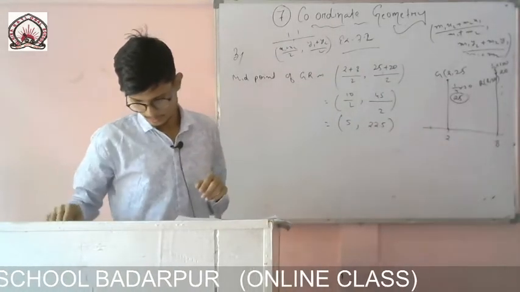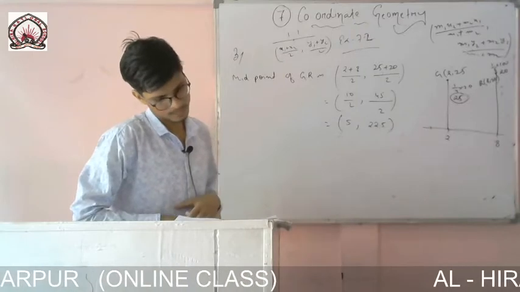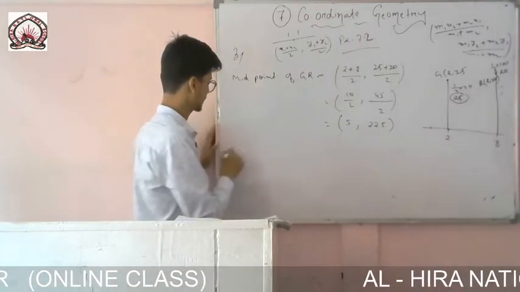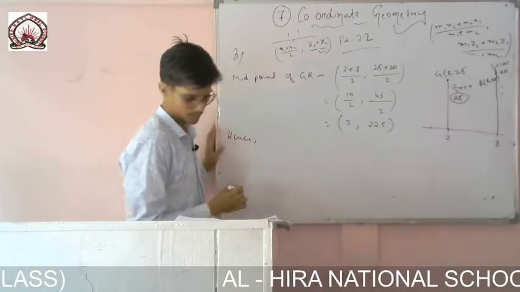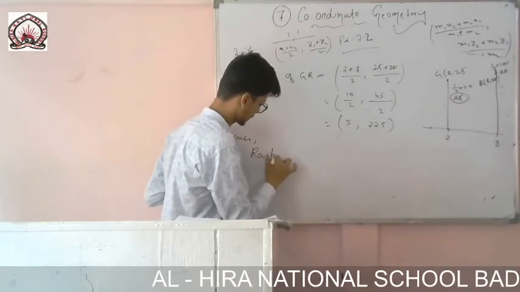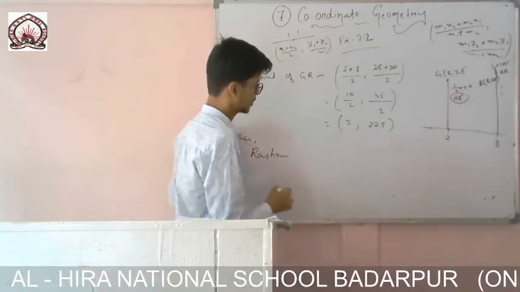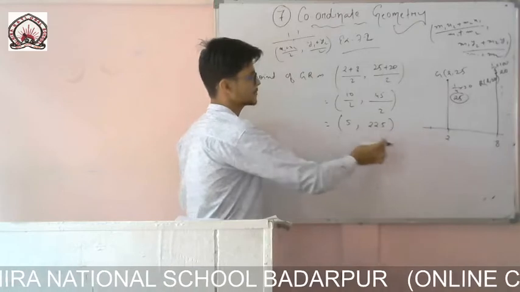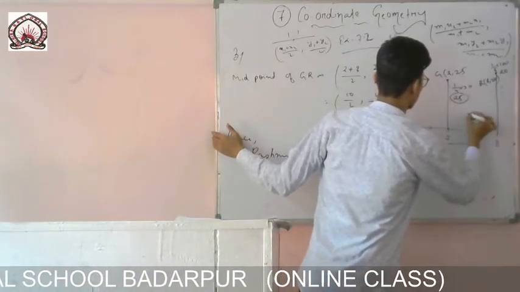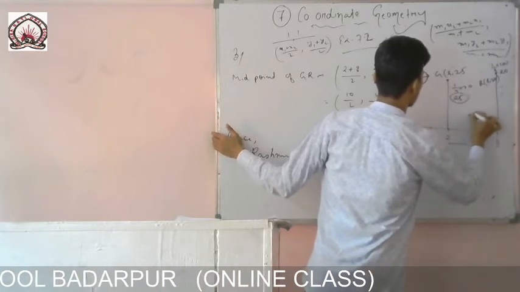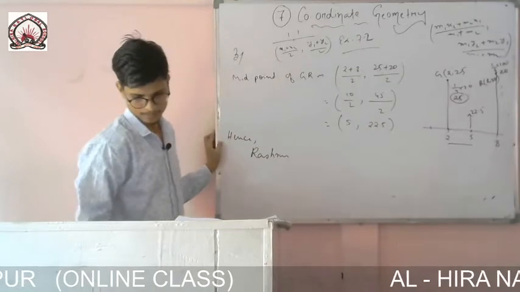So it is 22.5. The question is, you have to write where she has to place it. So hence, what is the name of the girl? Rashmi. So if Rashmi wants to put it on the halfway, that means she has to move to 5, and then she has to go upward 22.5. So that means she has to move to the 5th line.